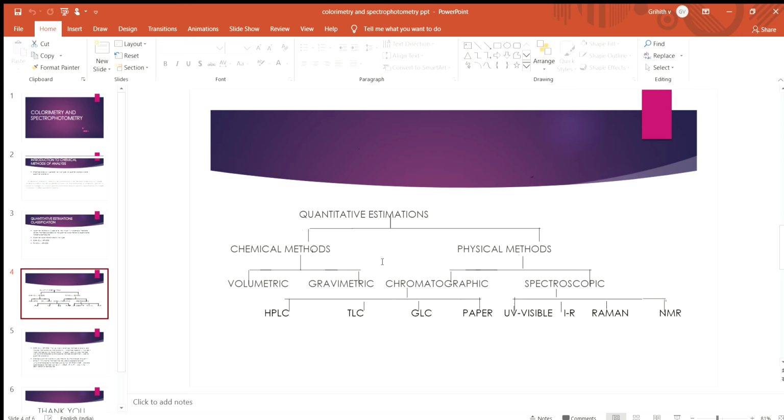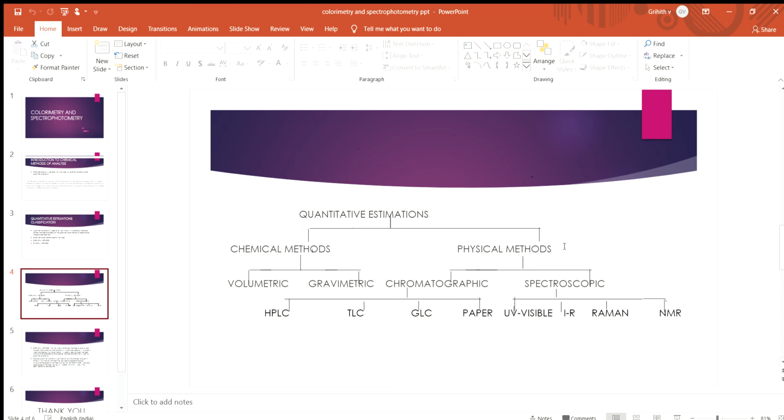When an electrically charged particle moves under acceleration, alternating electric and magnetic fields are produced and transmitted. These fields are transmitted in the form of waves called electromagnetic waves. I'll repeat that. When an electrically charged particle moves under acceleration, alternating electric and magnetic fields are produced and transmitted in the form of waves called electromagnetic waves.